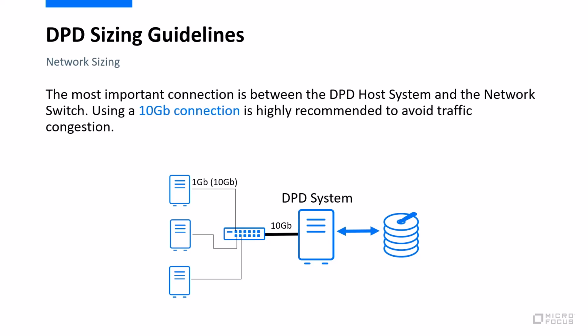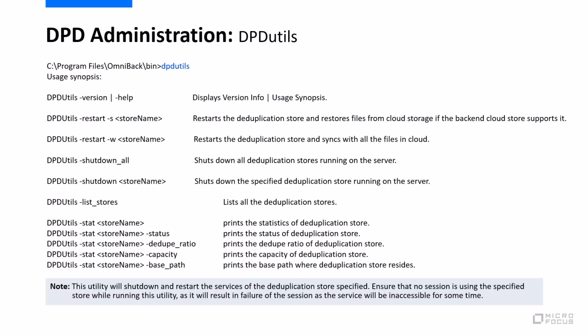Therefore, we're highly recommending a 10 gigabit connection between the switch and the DPD system to receive many data streams at the same time. There's also administration possible through the CLI, where you can check, restart, shut down, list, and print individual information from those DPD stores for the administration people.